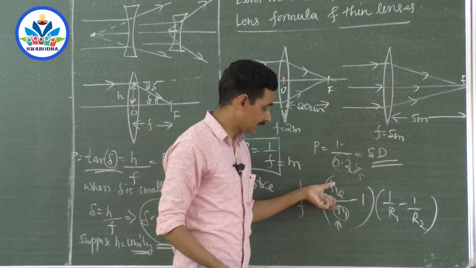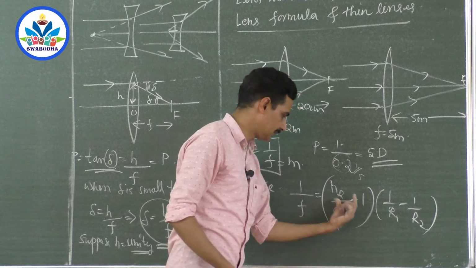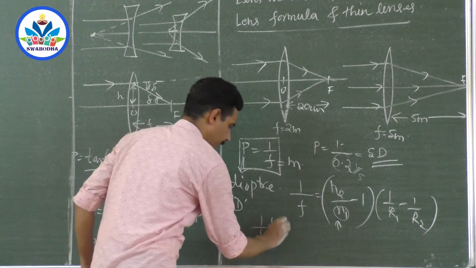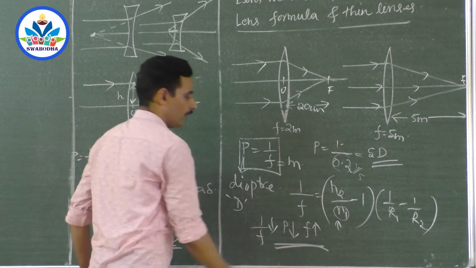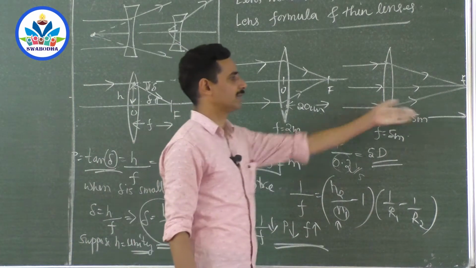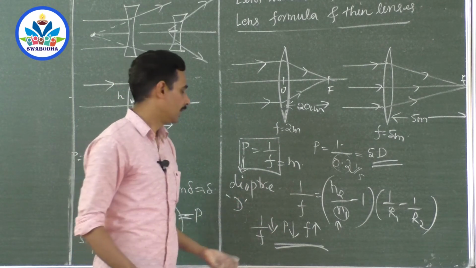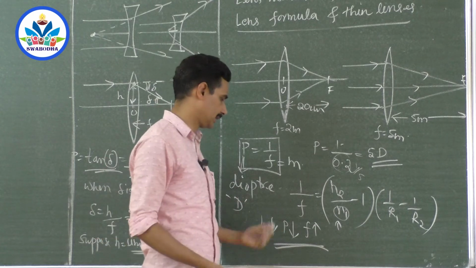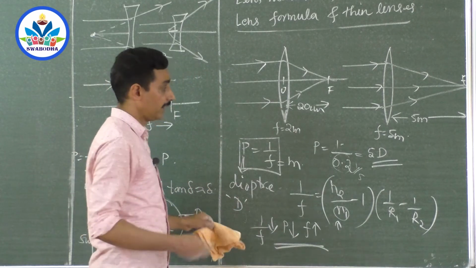Total answer decreases, difference decreases. If this is decreasing, this is constant. When this is decreasing, 1 by f is decreasing. That means power is decreasing, focal length is increasing. Am I right? Focal length increases, ray of light gets focused at a larger distance inside water, same parallel ray, and power decreases. Focal length increases, power decreases when a lens is immersed in a stronger medium, higher refractive index medium.